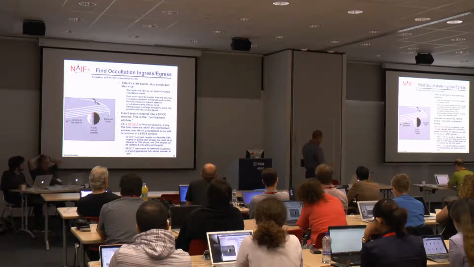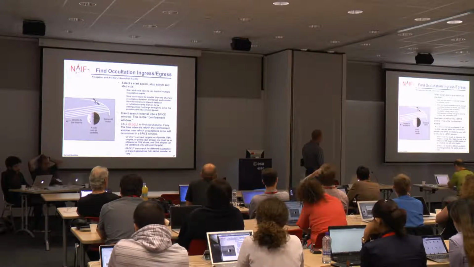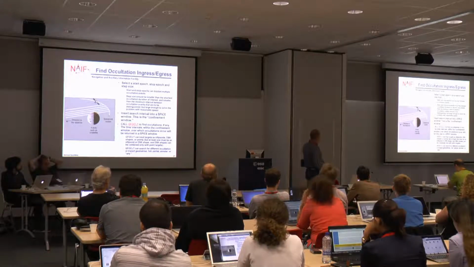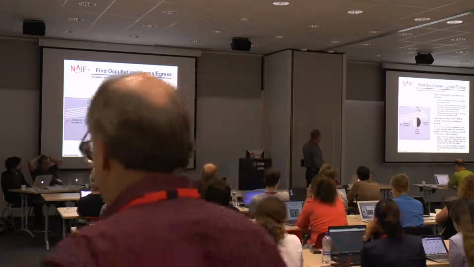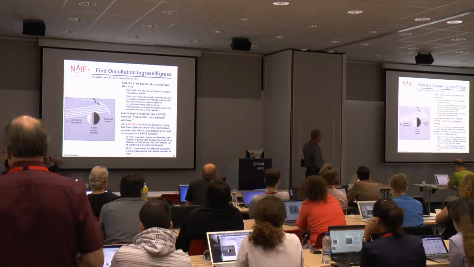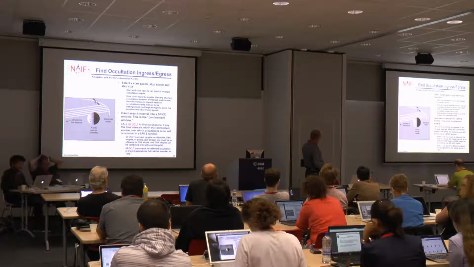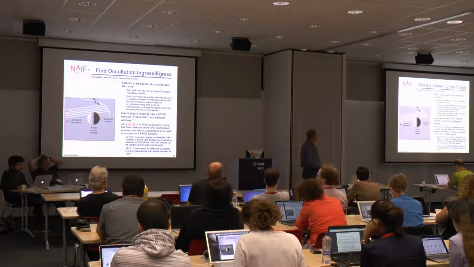Once you have done that, you would insert this search interval into a SPICE window, the structure called a window, or in this case it's going to be called the confinement window, and then you just call GFOCCULT to find these occultations. And the time periods within the confinement window over which the occultation will occur will be returned in another SPICE window.